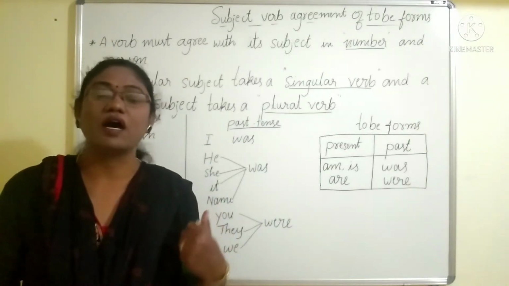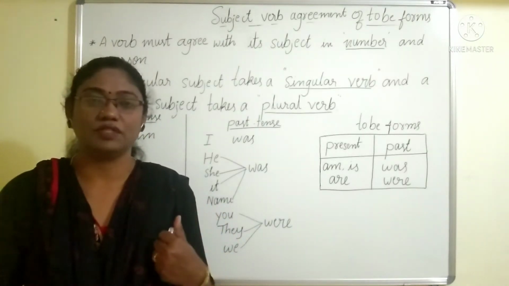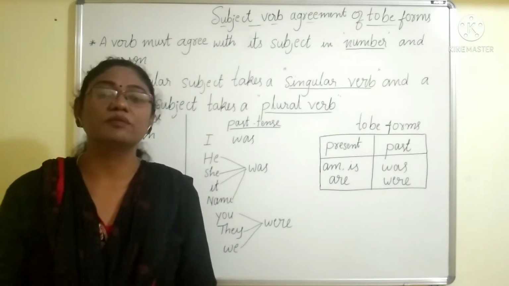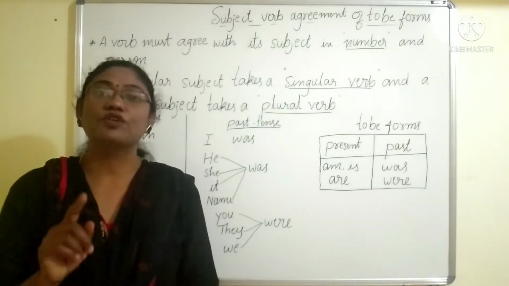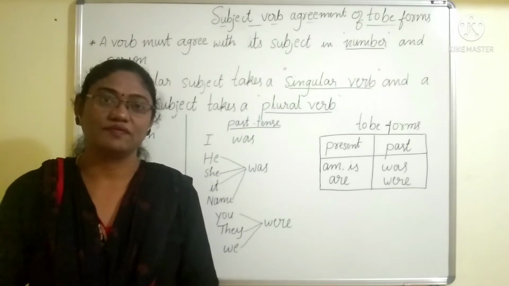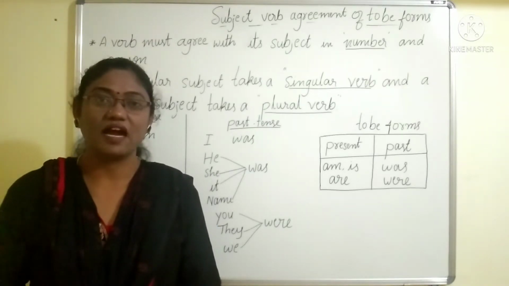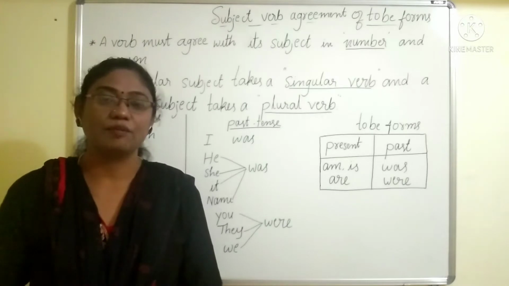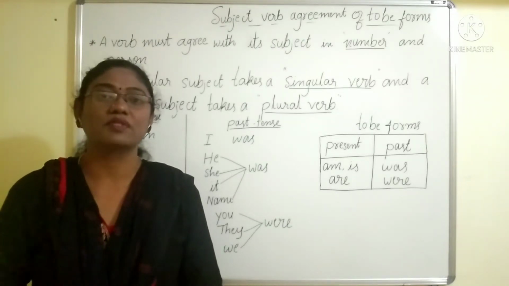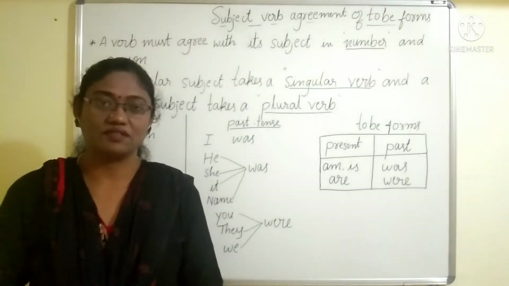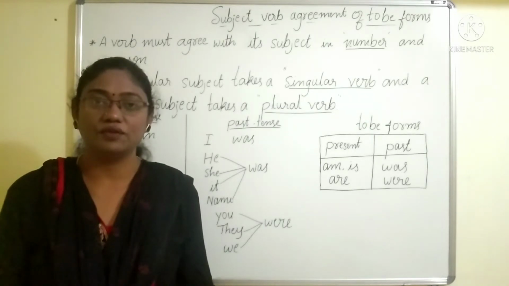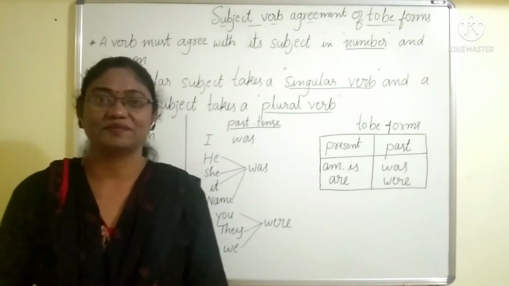In this video I am going to discuss subject-verb agreement of to be forms. Let's learn how to use different present and past to be forms with the different subjects. So without further ado, let's get started.